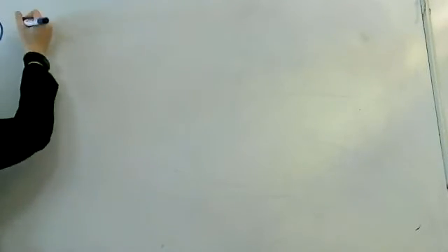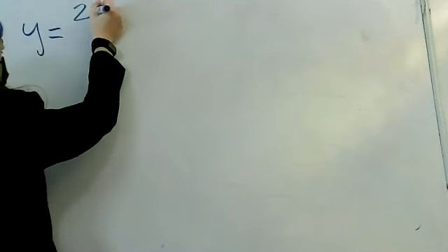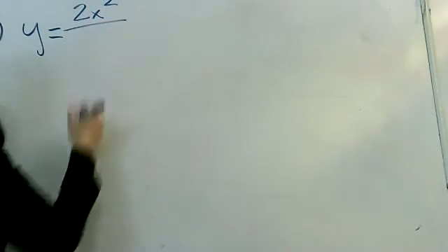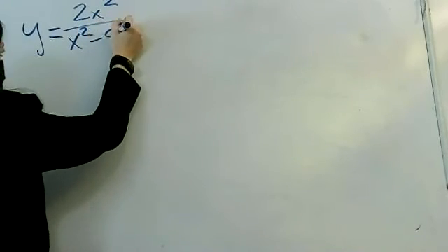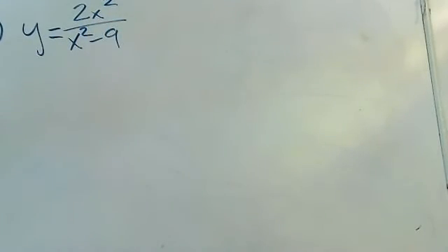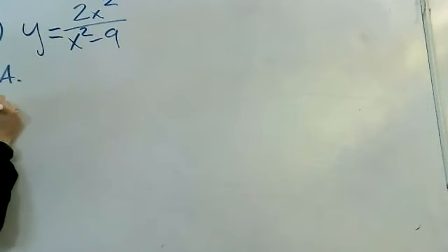We are going to try this one. Y equals 2x squared minus 9 in the denominator. The first two huge things I want you to do for me are to find your vertical asymptote and your horizontal asymptote.